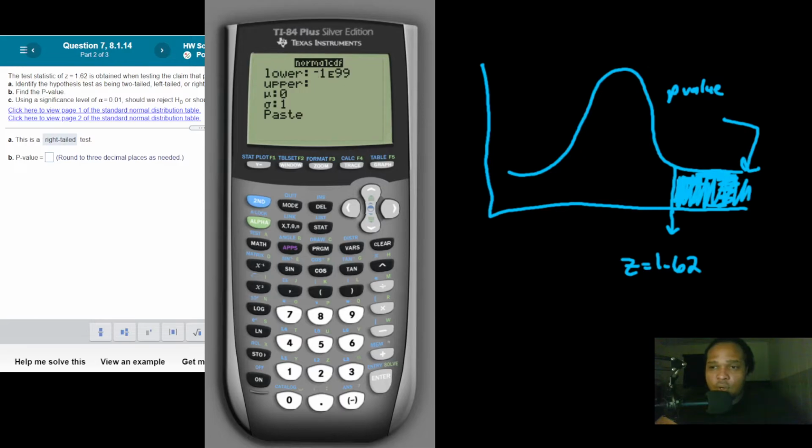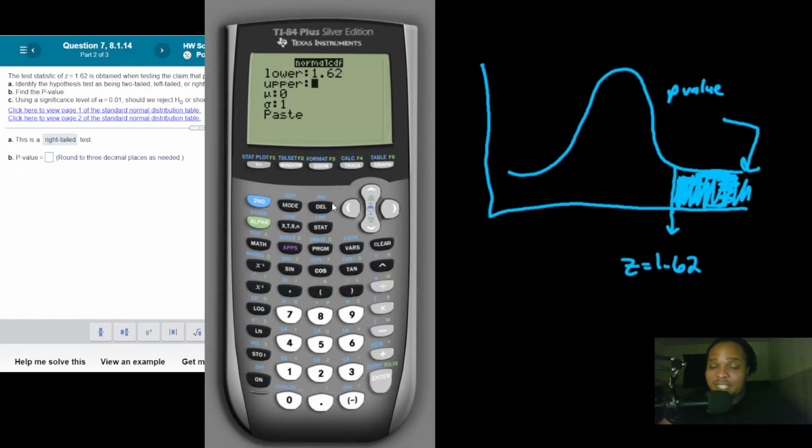All right, so let's go ahead and handle some business. Okay, so your lower is going to be, well, let me make sure that you guys know what I'm doing. Hit second vars, normal CDF. We're going to choose our lower as being the test statistic because to the left of that shaded region, we have 1.62. So go ahead and put your 1.62.